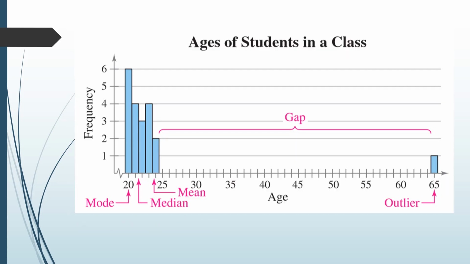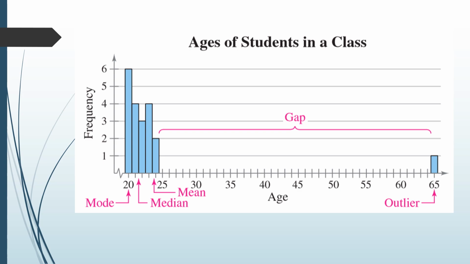Here's a histogram of the same data, ages of students in a class. 65, that one outlier, is way off to the right. There is a huge gap between it and the next lower number of 24. Notice the placement of mean, median, and mode.